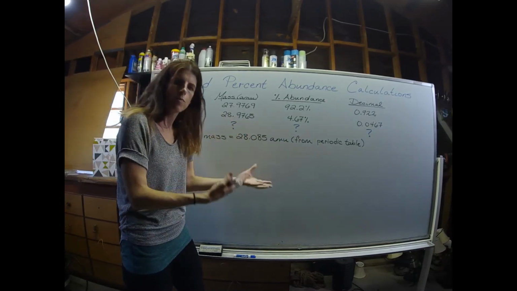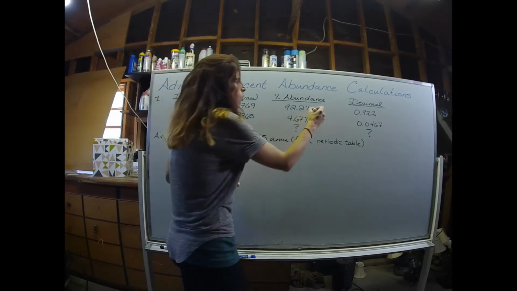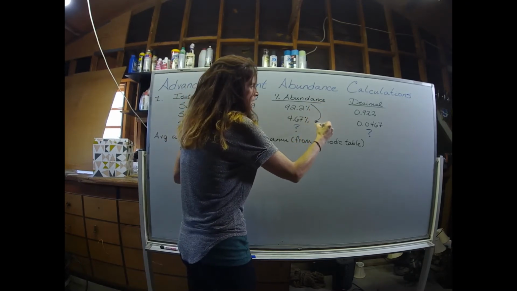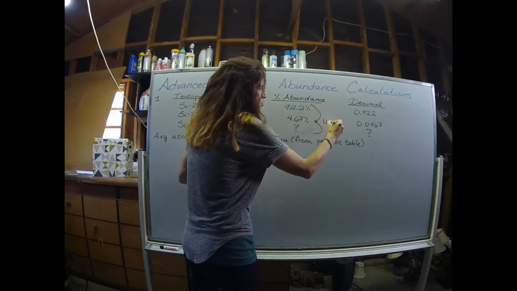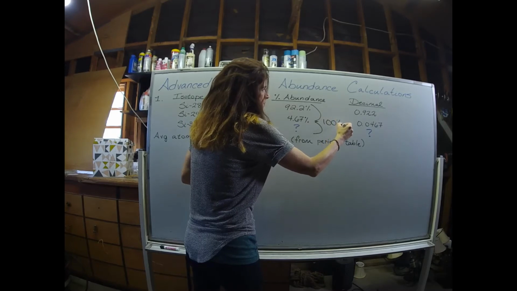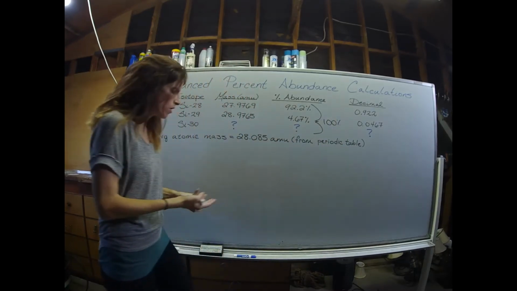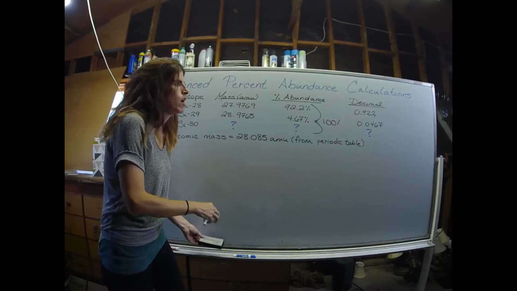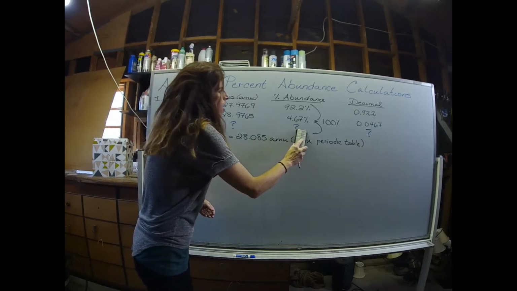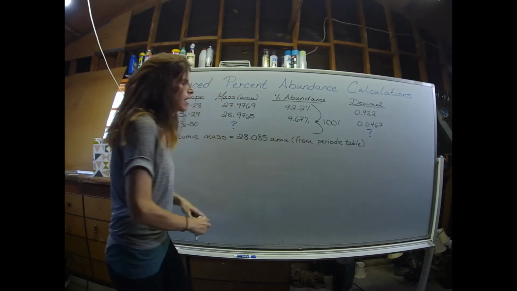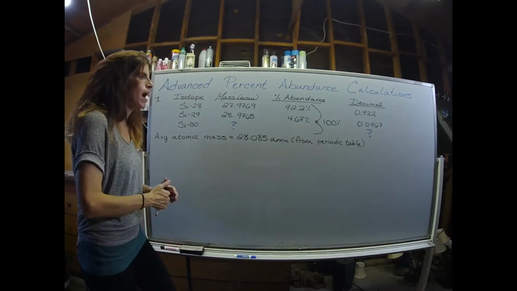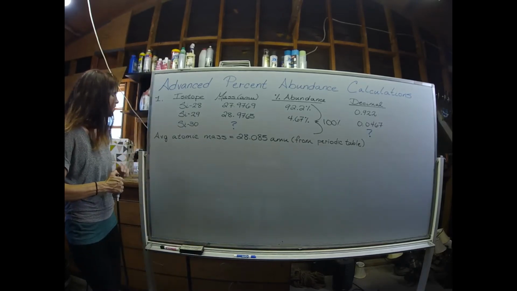Because it's a percent, we know that all three values have to sum up to 100%. So in order to calculate the unknown number, I can do 100 minus 92.2 minus 4.67.